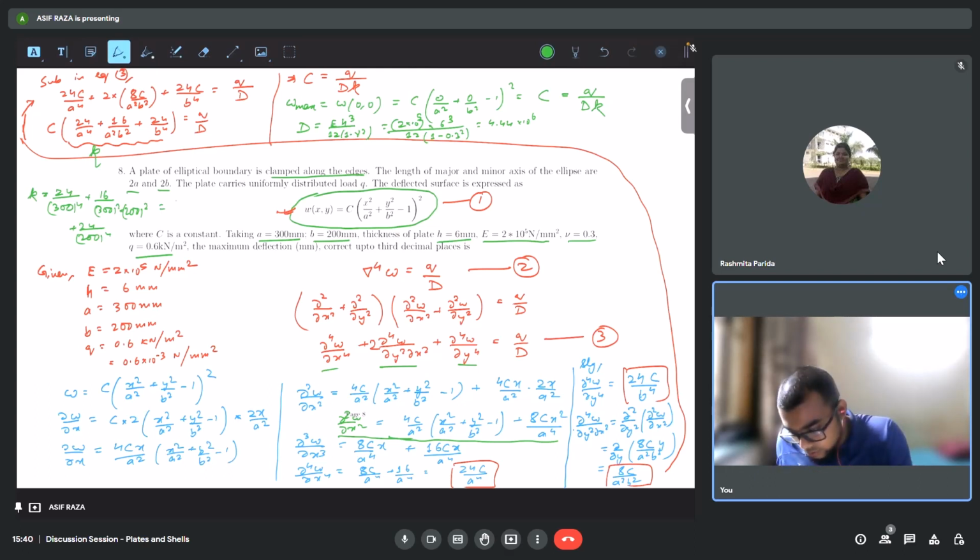So this is equal to 2.2407 into 10 to the power minus 8.